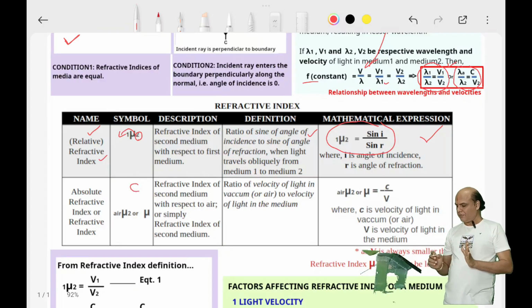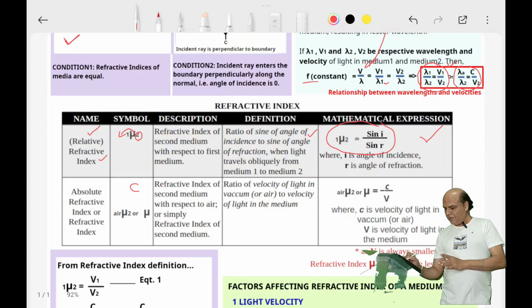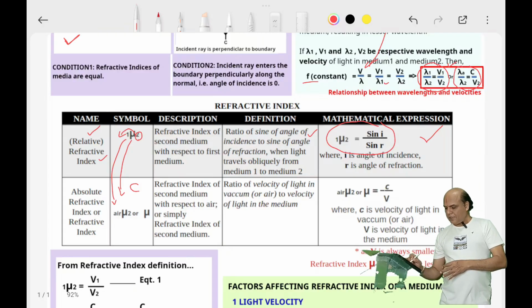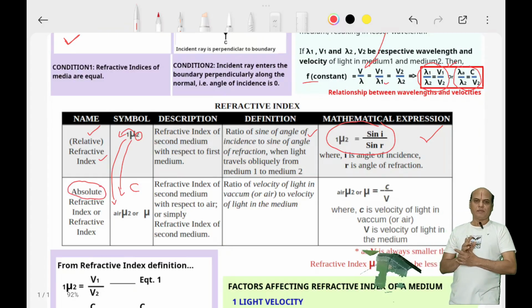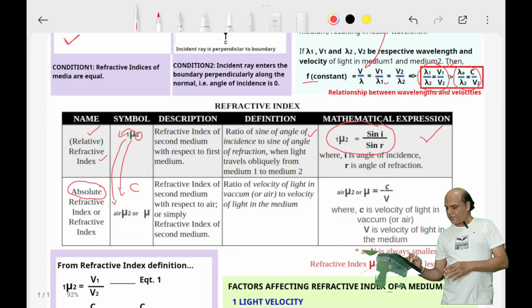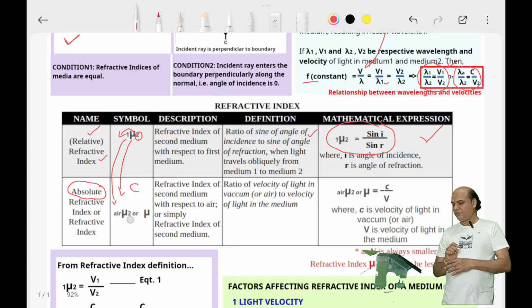Let us see how. The same expression mu 1 to 2, if I replace 1 with air, I can write it as mu 2 air. Then this refractive index is called absolute refractive index. Earlier it was the relative sense, now it is the absolute refractive index. When I am mentioning the second medium, I can even drop the subscript 2.